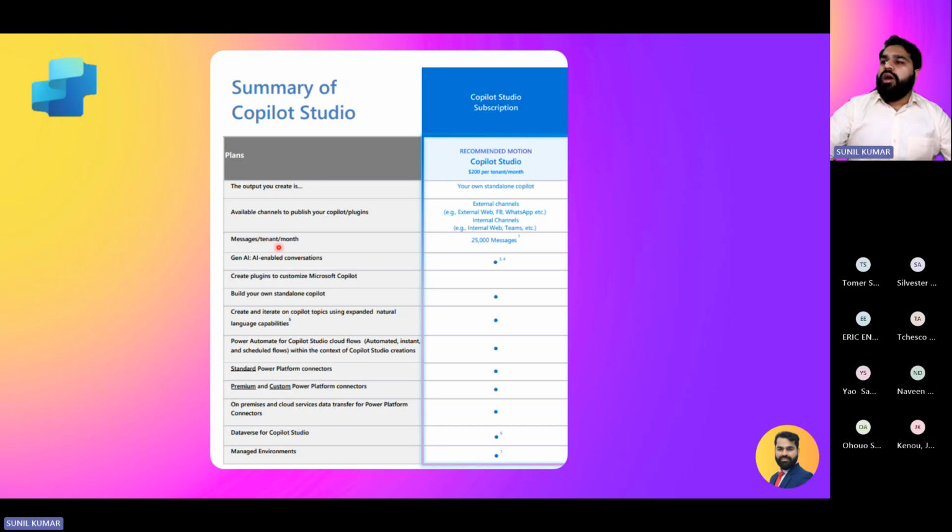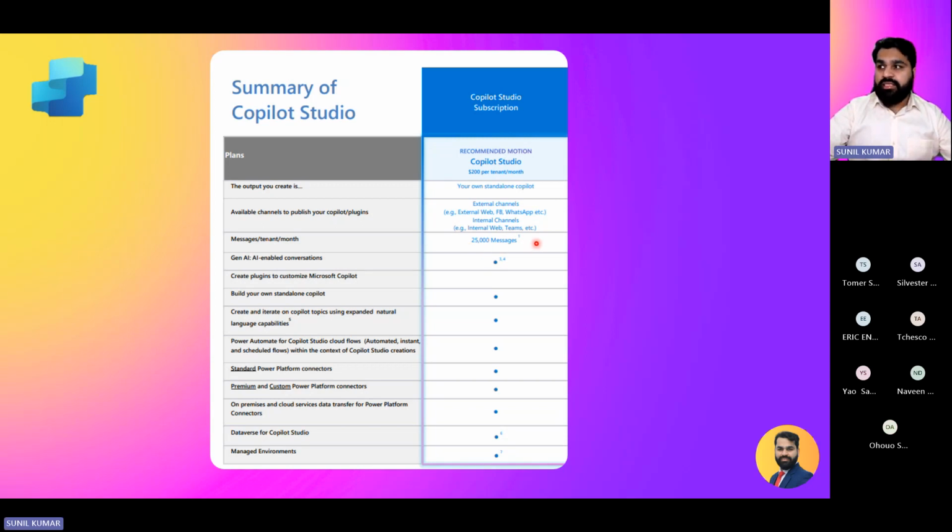Now, how many messages per tenant per month are available within this particular license? These are 25,000 messages. Just to give you a bit of background, in the era of Power Virtual Agents, it was 2,000 conversations.